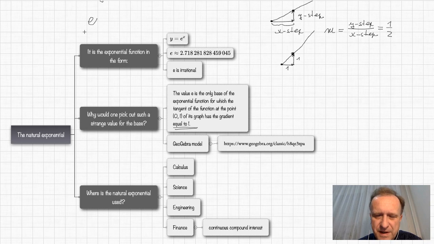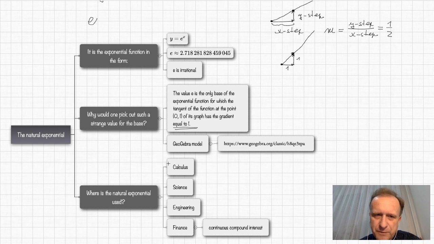So E is ever present in calculus, which is part of mathematics, describing changing quantities, and therefore since it describes quantities which change in time and they change irregularly, then it means that it's also going to be used as a modeling tool in science.